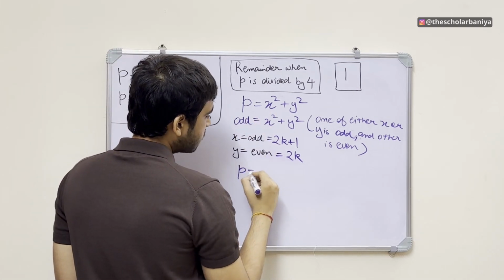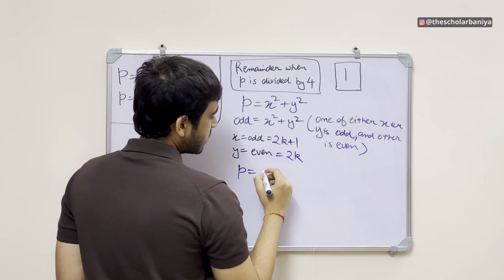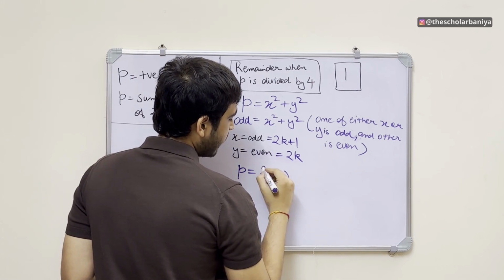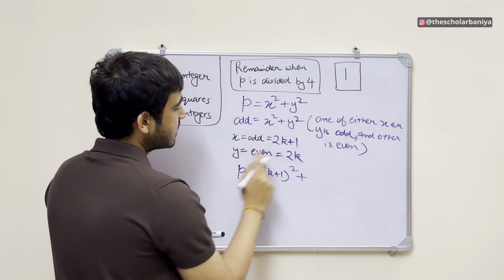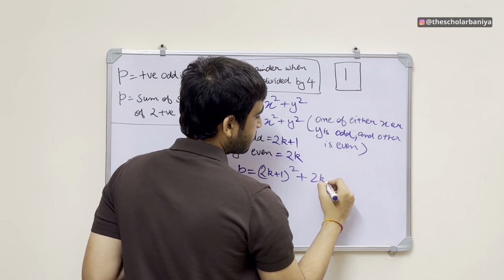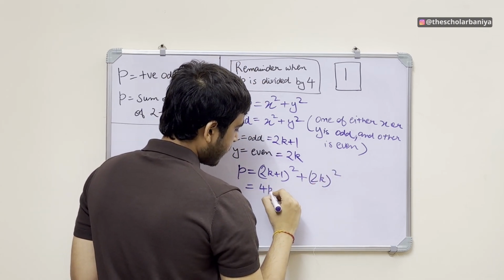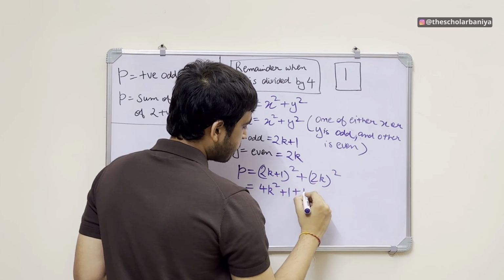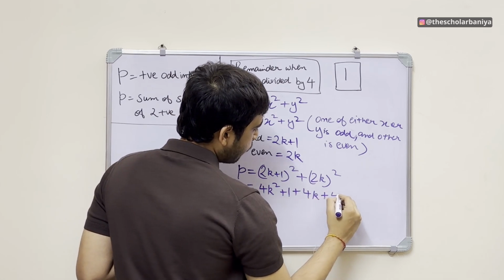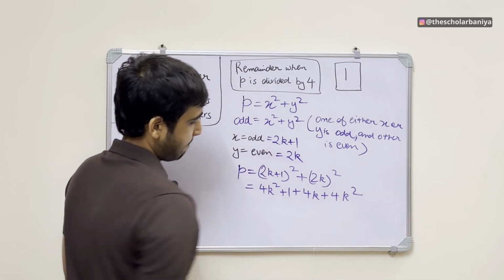So p becomes x square, and x is 2k plus 1, so 2k plus 1 square plus y square. So y square becomes 2k square. If you solve this, it becomes 4k square plus 1 plus 4k plus 4k square.